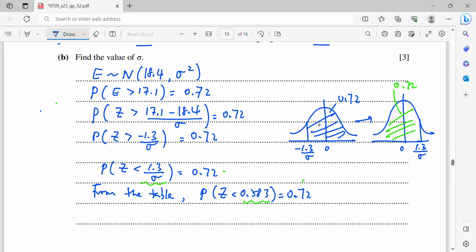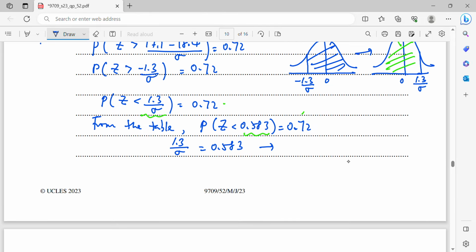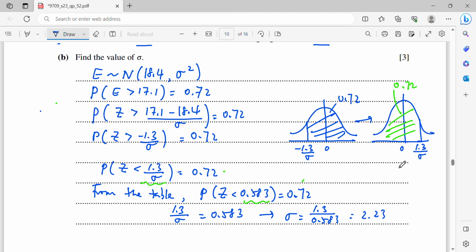So then I will get one conclusion: 1.3 over sigma will be 0.583. Then I can find my sigma. So my sigma is 1.3 over 0.583, which is the same as 2.23 when you round to 3 significant figures.